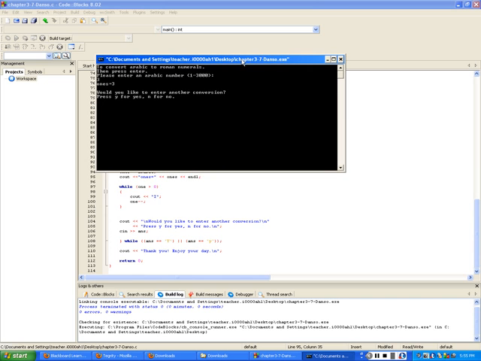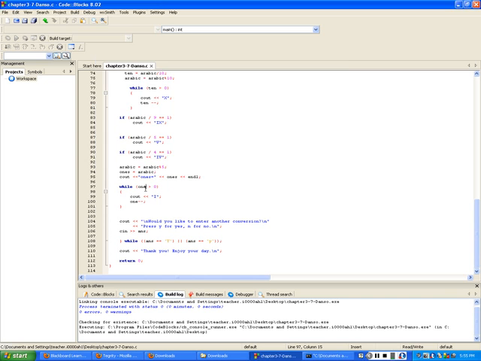So it's not going through the while loop. Oh, this is supposed to be ones, not 1. Okay, that's easy.